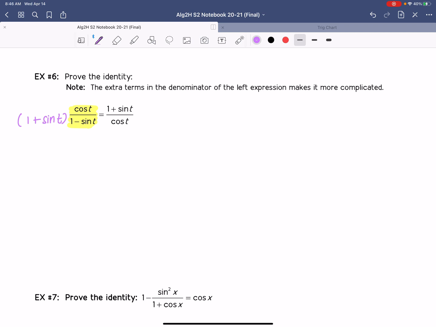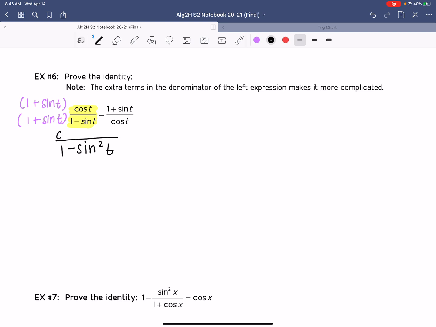So again, I'm going to do 1 plus sine t. Remember, when we multiply conjugates, we do first times first, last times last. First times first is 1, last times last gives me negative sine squared t. And then my numerator would be, do we want to distribute it? I'm not going to distribute it.